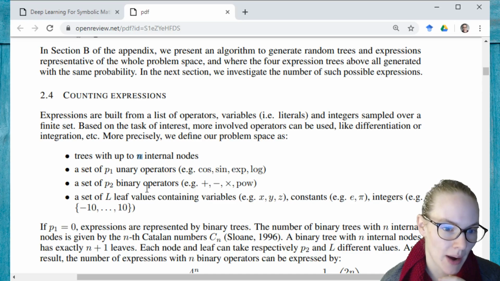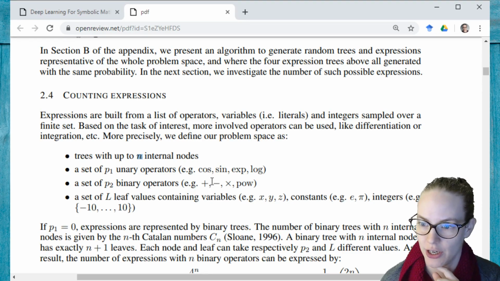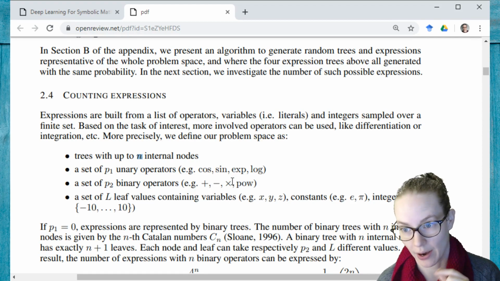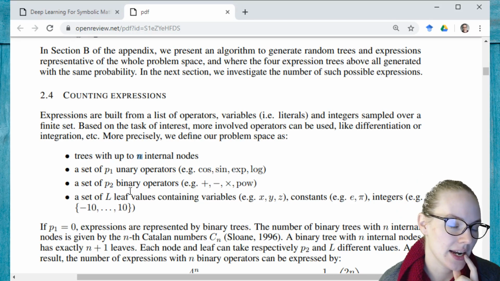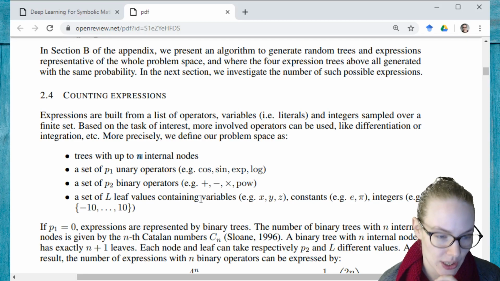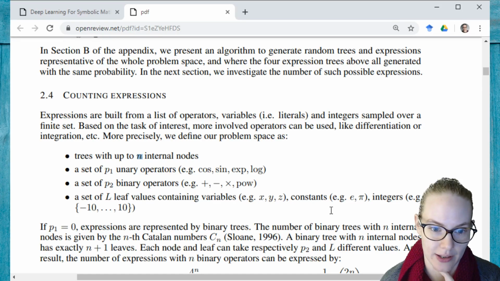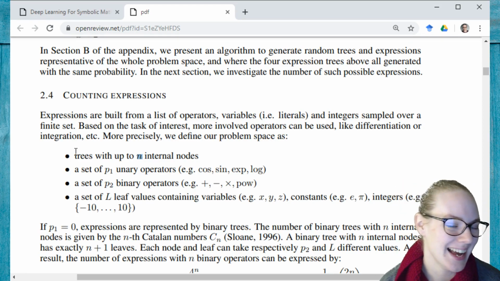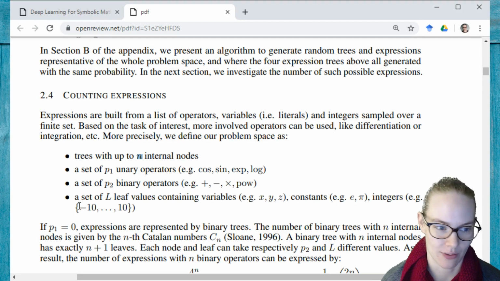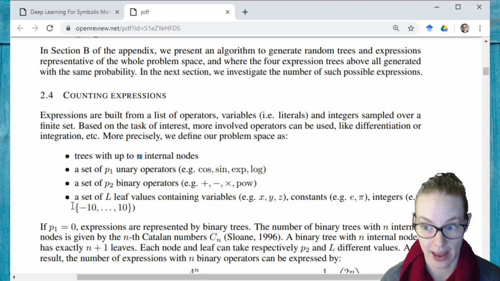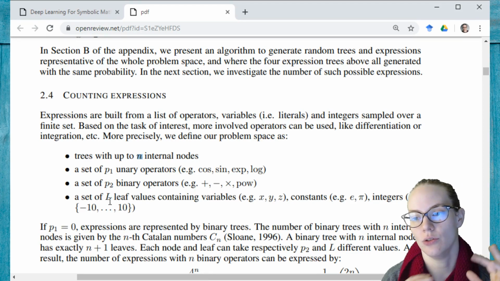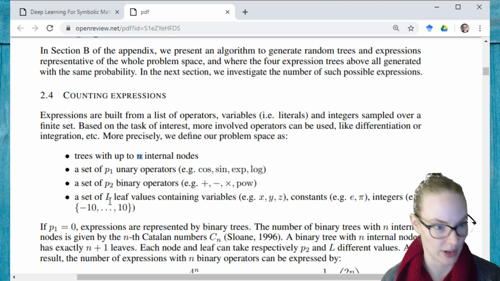A set of p2 binary operators like addition, subtraction, raising to the power, and these are things that take 2 inputs and give you 1 output. And then a set of L leaf nodes containing variables, constants like pi, or pi, as apparently it's actually said in Greek. I'm going to stick with pi for now, though. And then integers in the range -10 to 10.